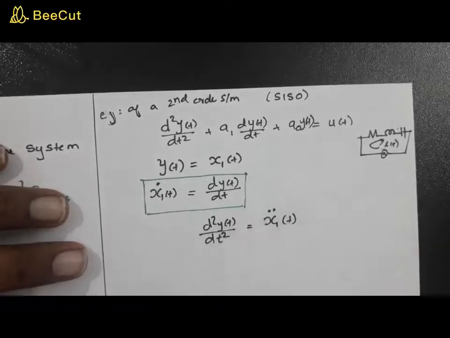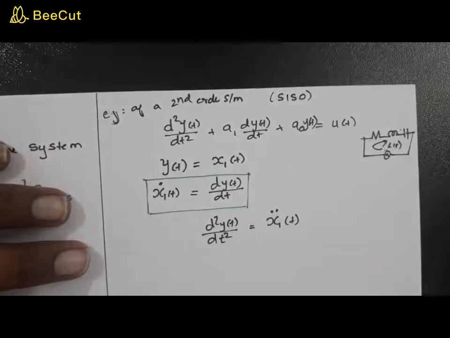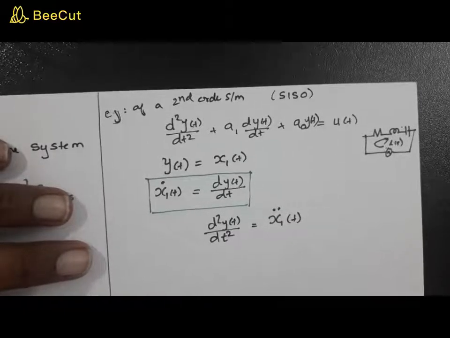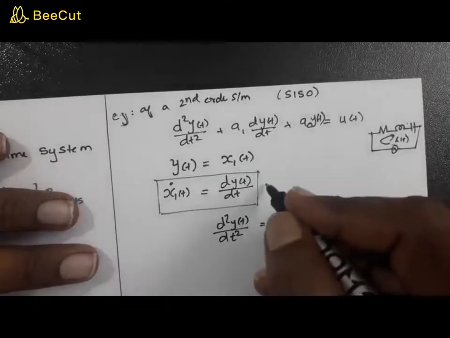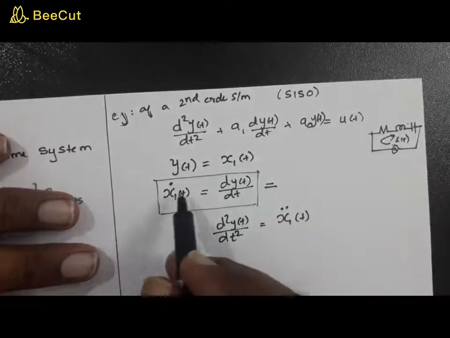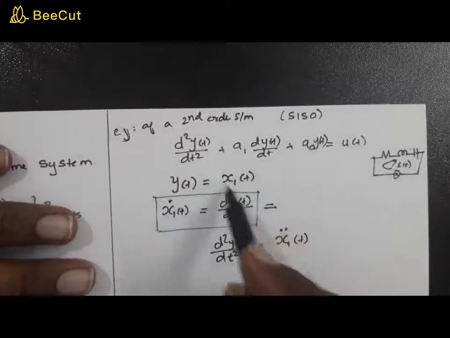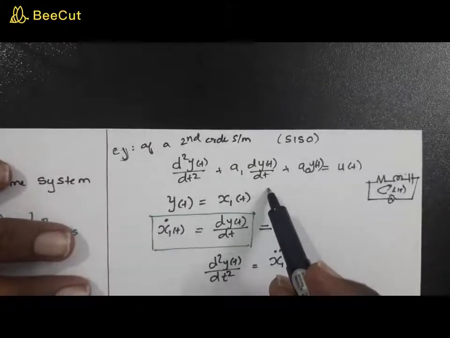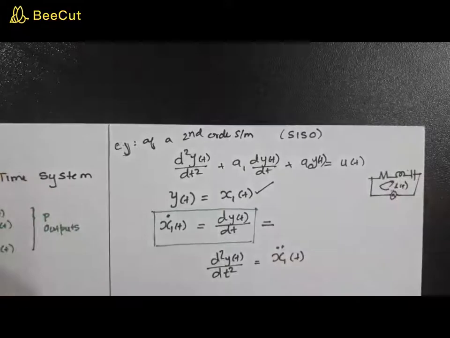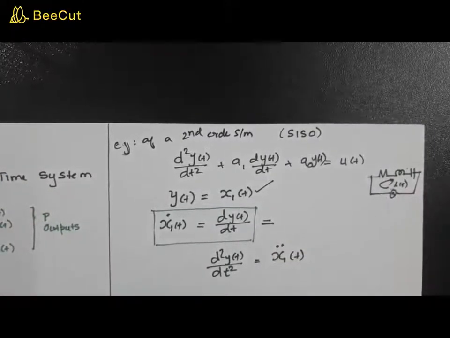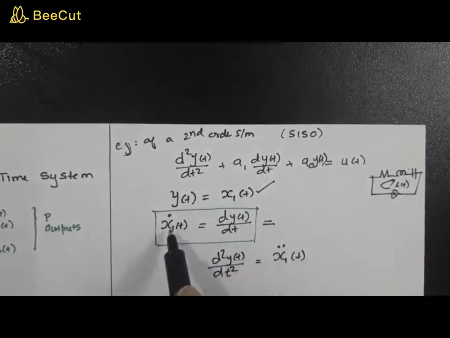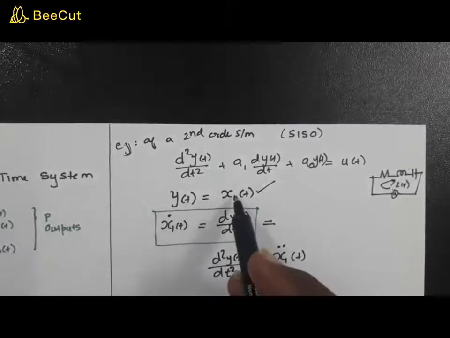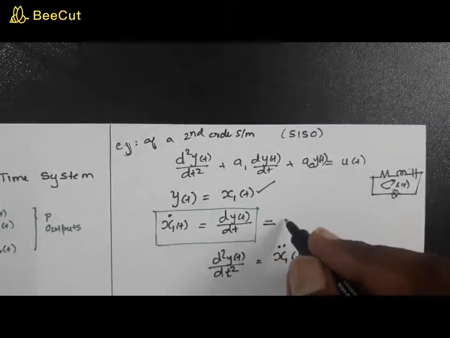Now I can assign the first derivative of the state variable x1 of t as another variable.